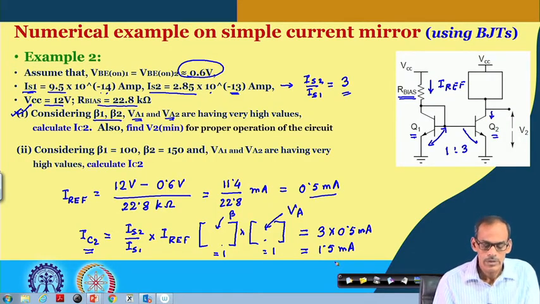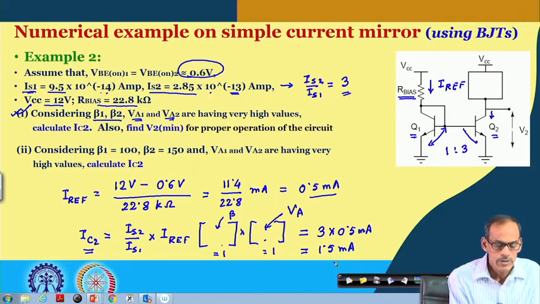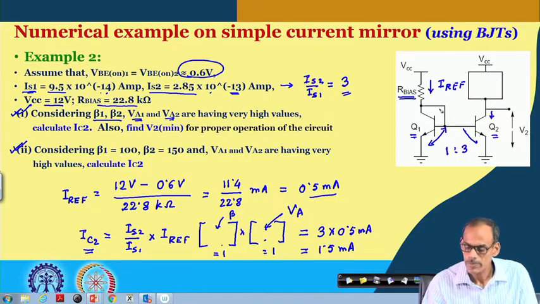Now, let us consider the effect of beta, namely the current loss due to whatever currents are flowing here.